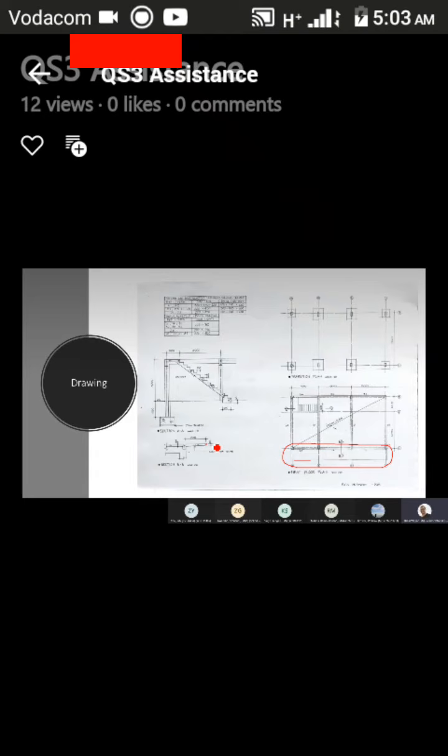And when I look at this, there's something very important that we need to take note of. It tells me that over there my dimension is 100 millimeter. And what is the thickness of my slab? 150, right? The thickness of my slab is 150, as is illustrated over there.